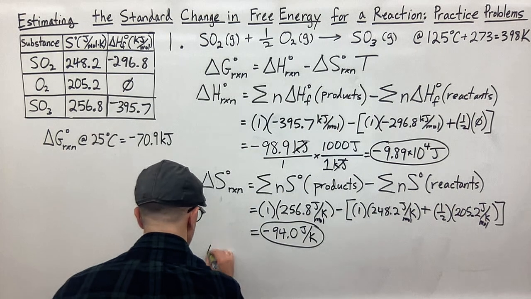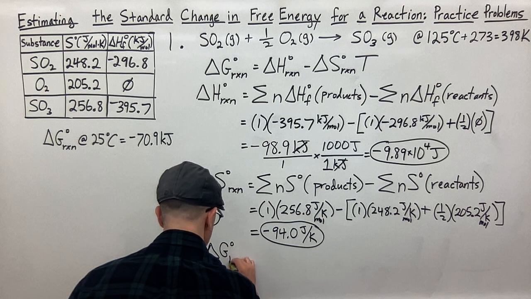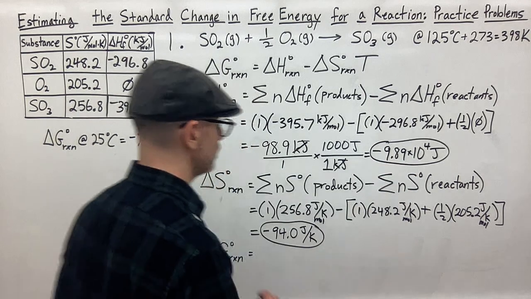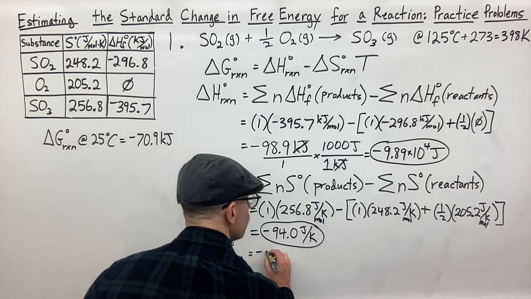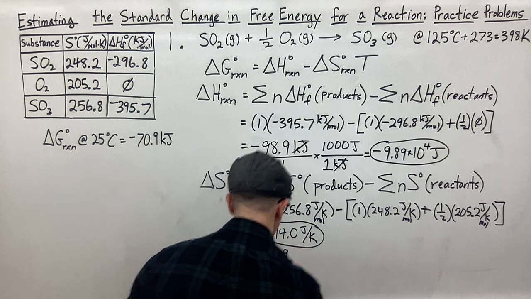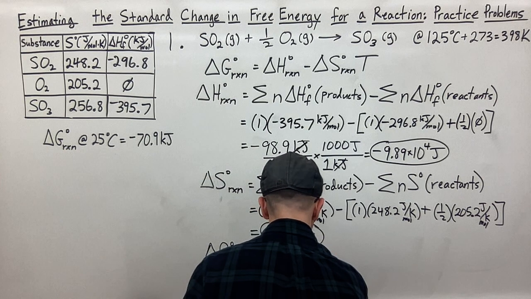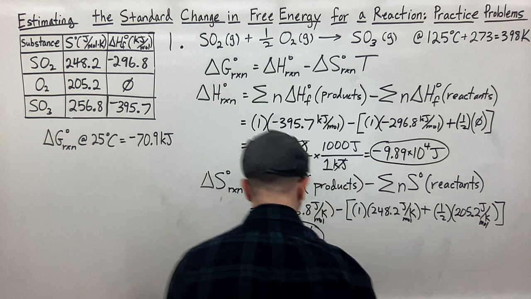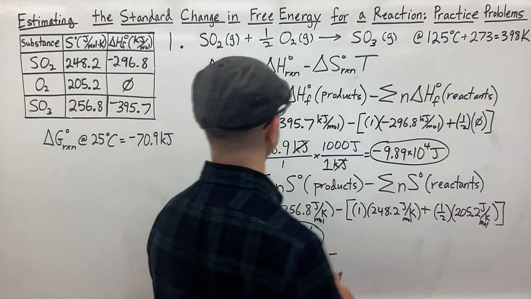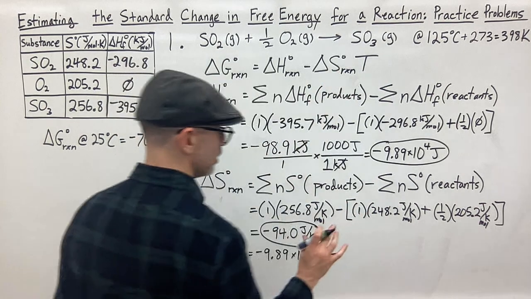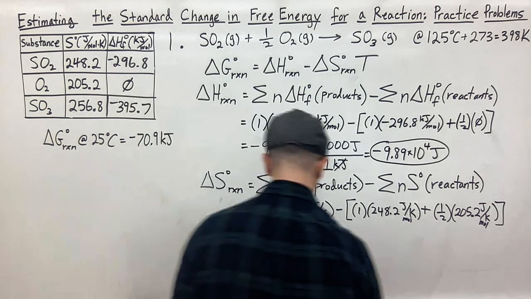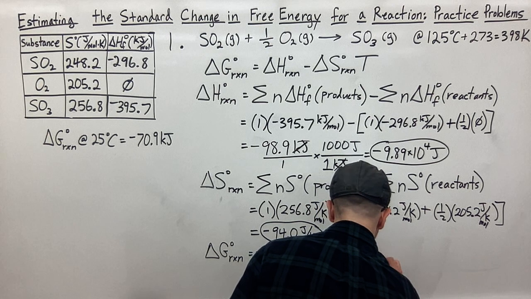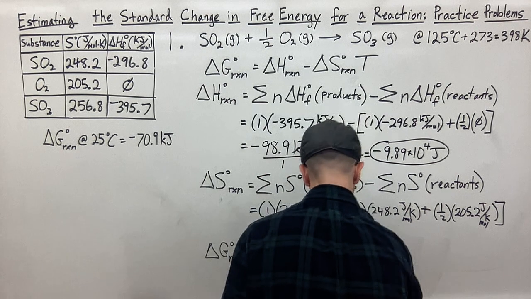So then we plug everything in. Here we have the standard free energy of the reaction is equal to our delta H, standard enthalpy of the reaction, so negative 9.89 times 10 to the 4 joules, and then we're going to subtract that delta S of the reaction, standard entropy change of the reaction, that's negative 94.0 joules per Kelvin multiplied by the temperature.